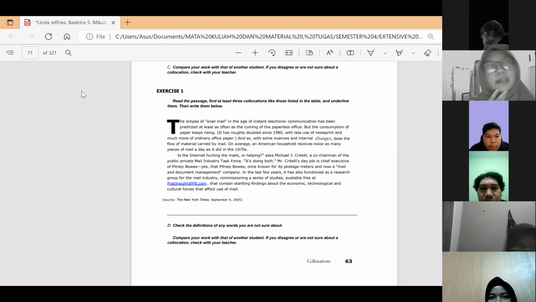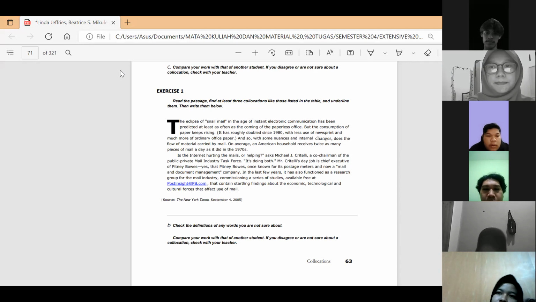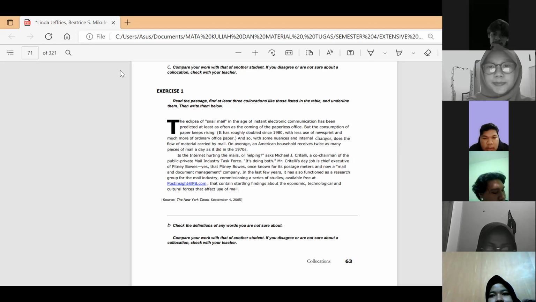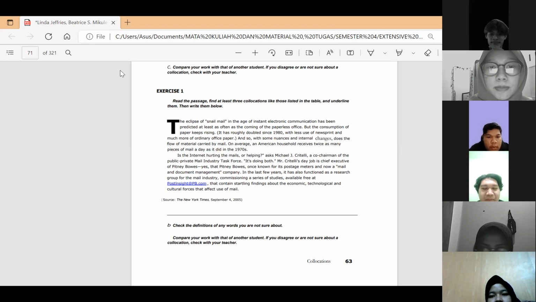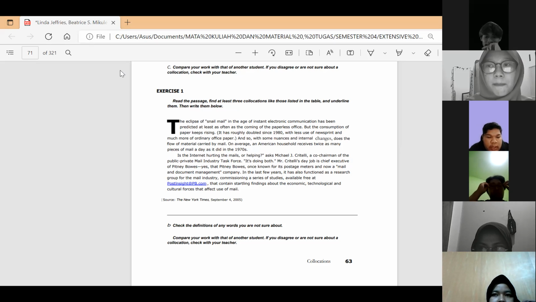Did anyone notice where the collocations are in the passage? No, Fadhil.